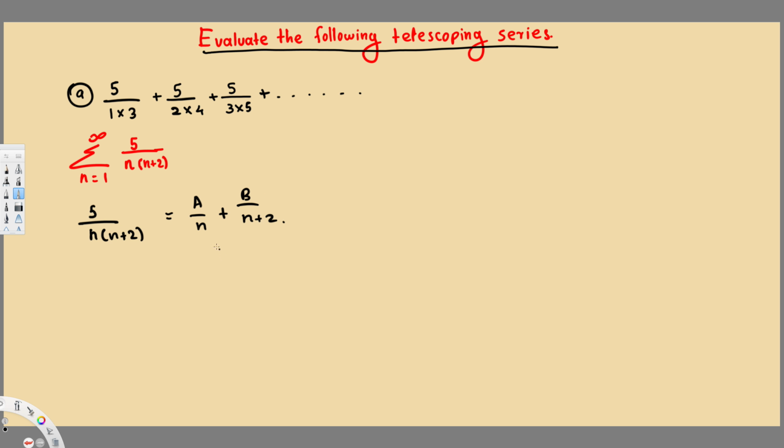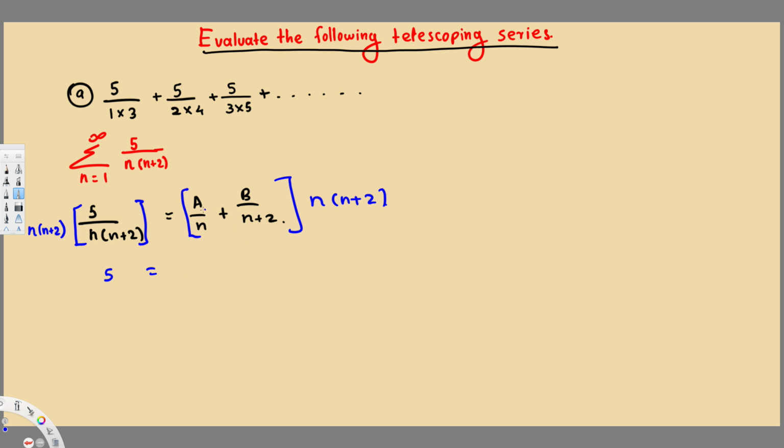To get rid of the denominator, I multiply both sides by n times n plus 2. On the left side, this is going to cancel altogether, giving us just 5.